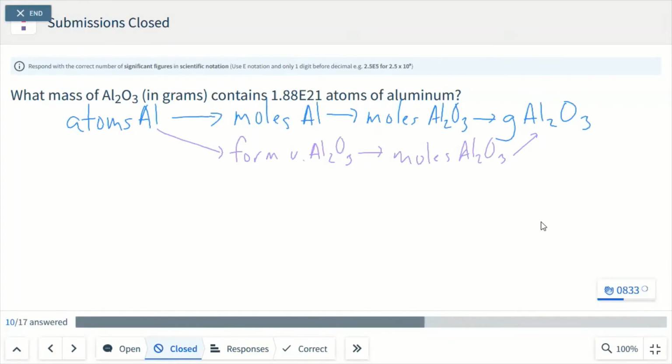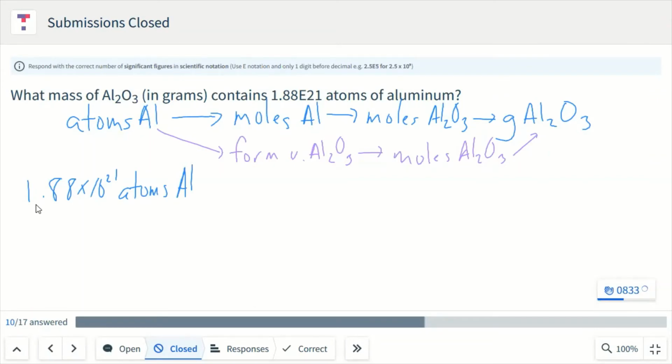So, like I said before, this has two divergent paths. You can take the blue path or the purple path. Either one is perfectly fine, perfectly acceptable. I'm going to take the blue path this time. So I start with my 1.88 times 10 to the 21st atoms of aluminum.